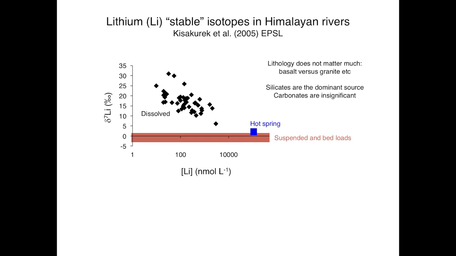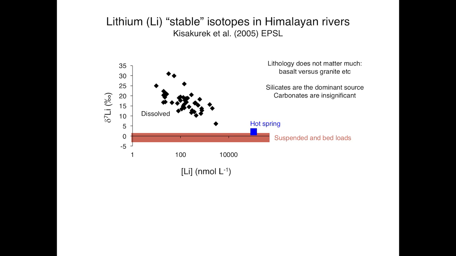Whereas remember, strontium varies depending on what kind of rock you're weathering. The other important thing about lithium is that silicates are the dominant source of lithium to rivers. Carbonates don't have much lithium, right? So the silicates dominate.